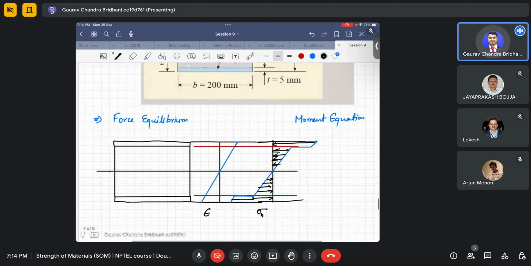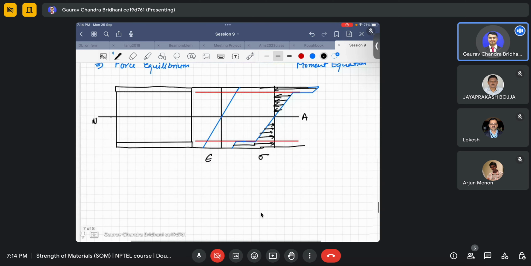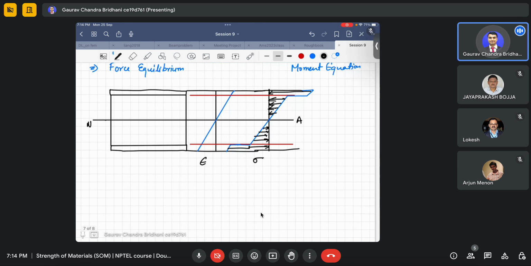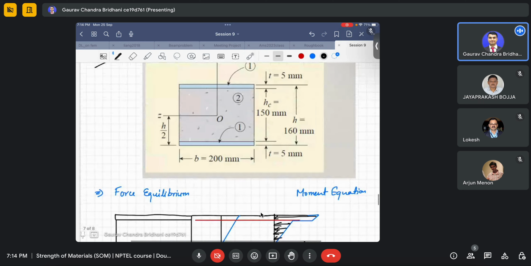Now as I told, this neutral axis we have to fix, which is very important. I told that we generally use the force equilibrium to find where the neutral axis lies. So we will do the same. This is a case of a section which still remains bisymmetric.